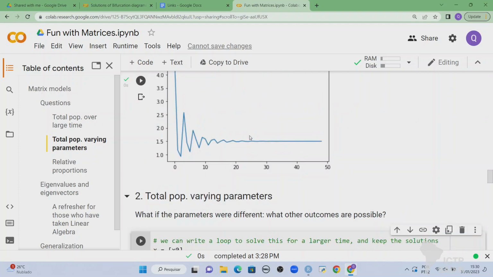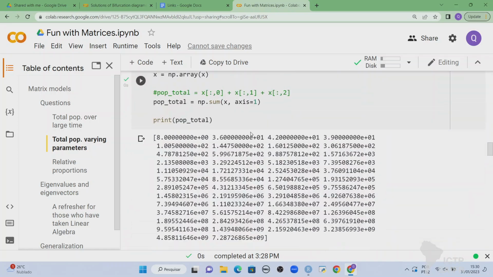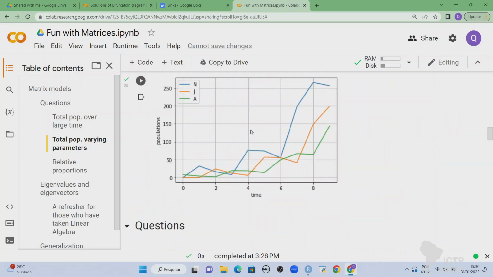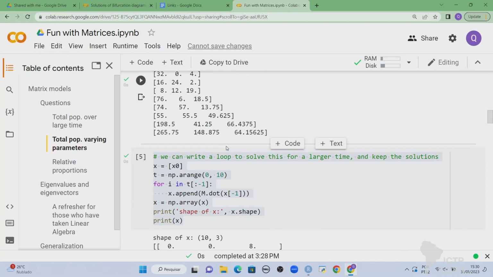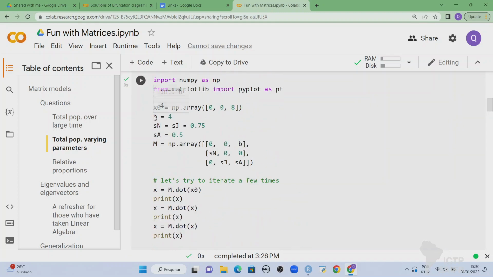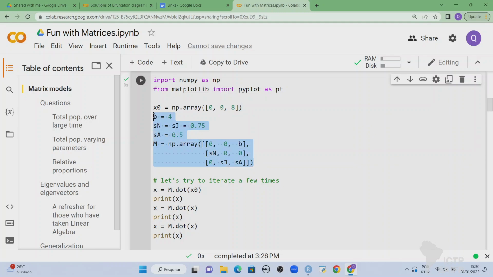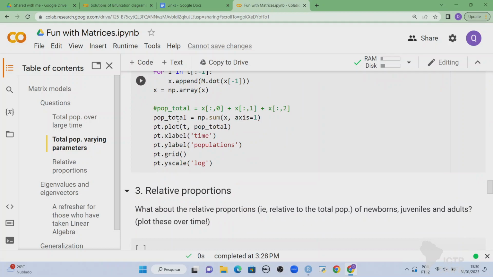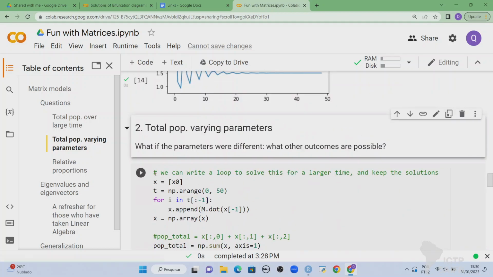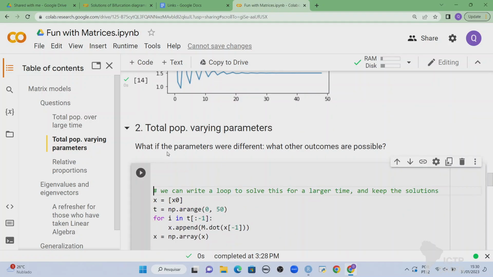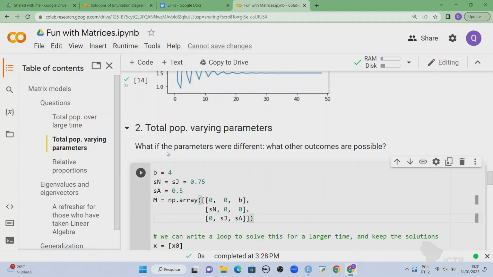I have the plot already, but then I want to change the parameters. So before doing this, I want to redefine the parameters, so before all of this, I redefine the matrix.